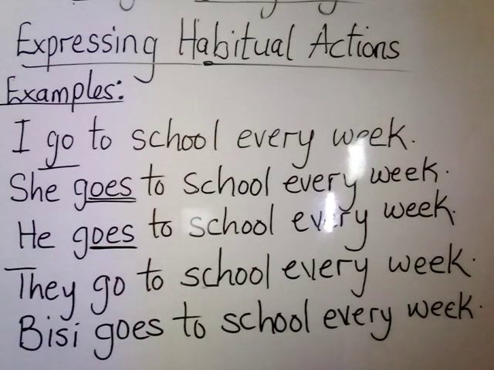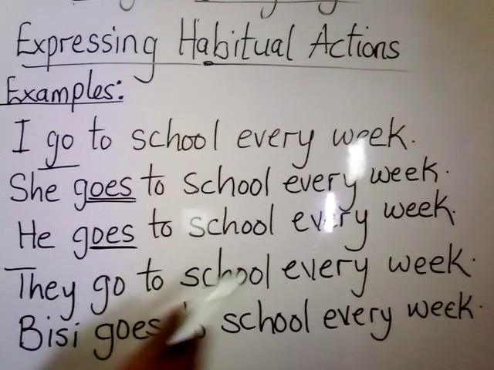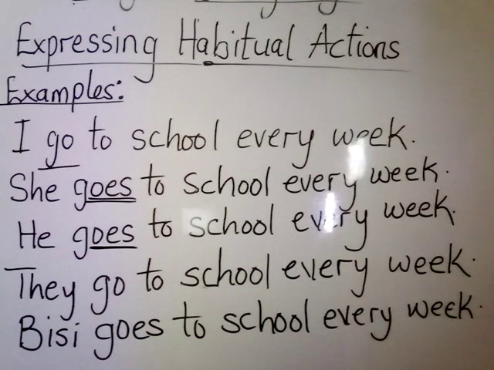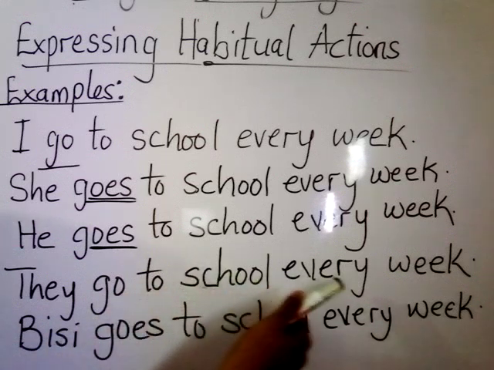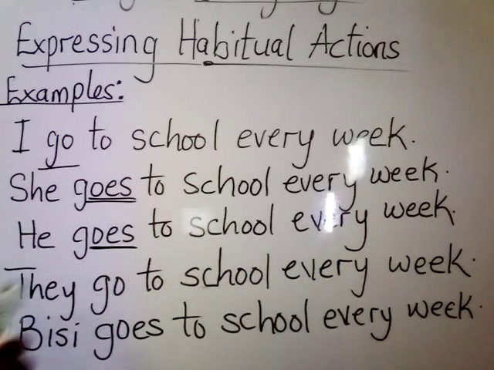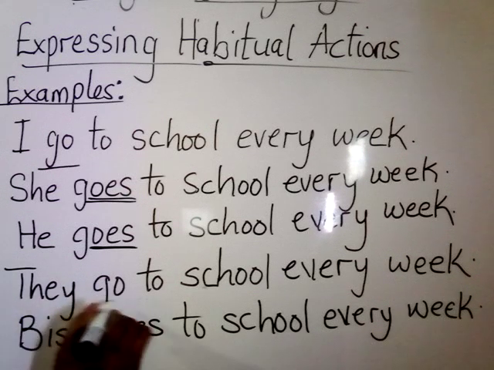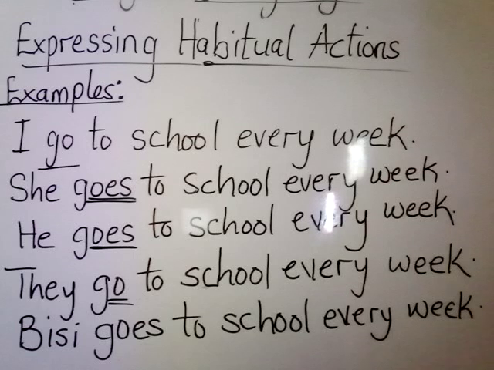Okay? And then they is plural, remember? They go to school every week. Or you can say Sarah and Bosse go to school every week, because instead of they, I'm using actual names now. So once they are more than one, the verb has to be plural verb. You don't add s.